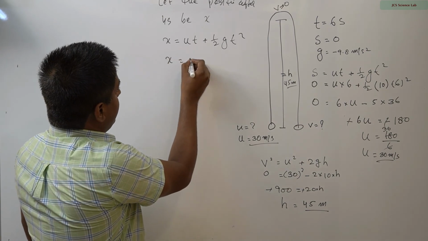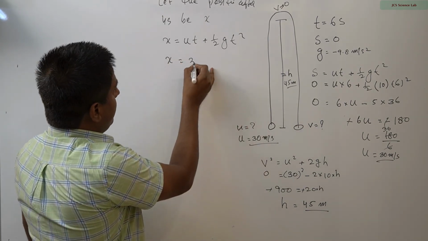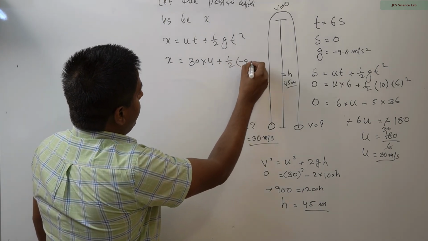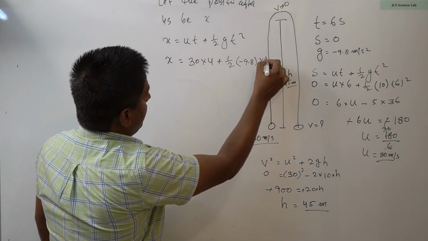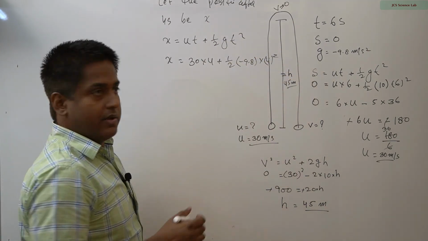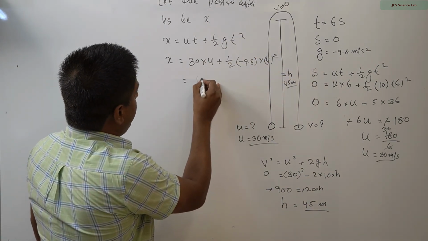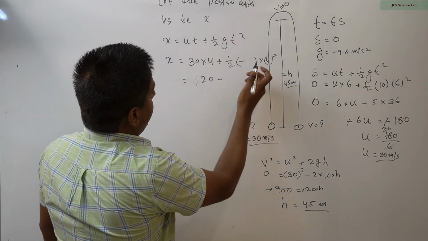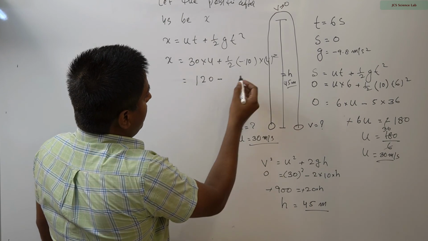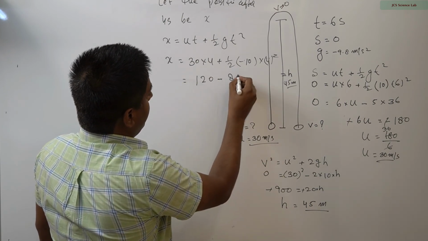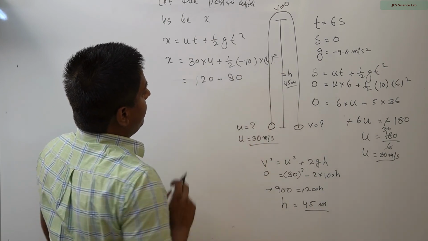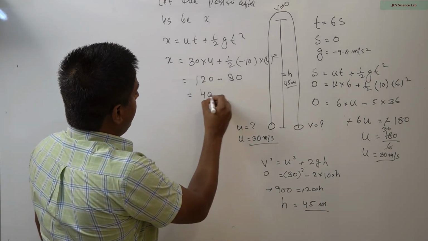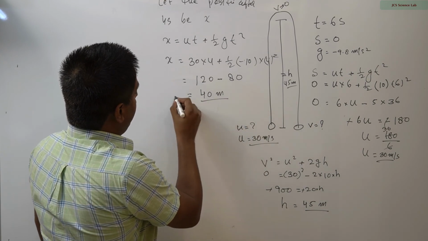So x is equal to u, it was thrown with a velocity of 30, into 4 plus 1 by 2 into minus 9.8 into the square of 4. Simple. That is equal to 120 minus, we are taking 10, so take 10 only, 80. 4 times 16, 5, 80, yeah. That is equal to 40 meter.